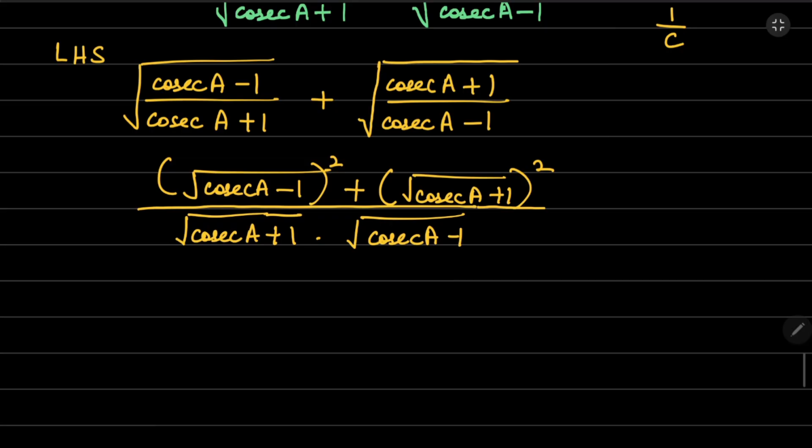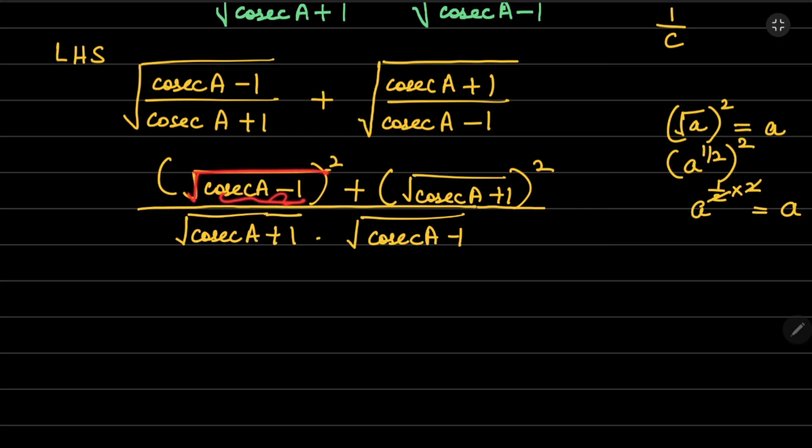So what is root of A the whole square? It is nothing but just A, because you can write A to the power 1 by 2, whole to the power 2. So it's A to the power 1 by 2 multiplied by 2, the 2 gets cancelled, A to the power 1 is A. Similarly, square root of something whole square is nothing but the square root will go off.